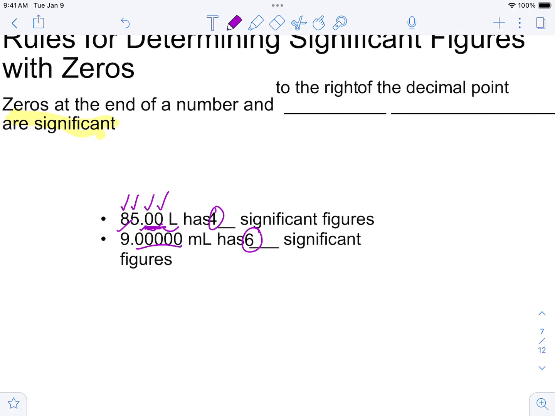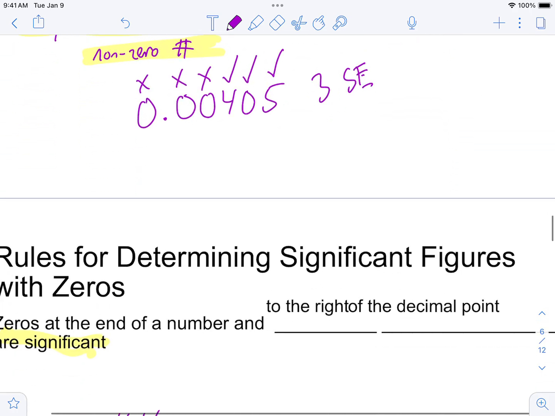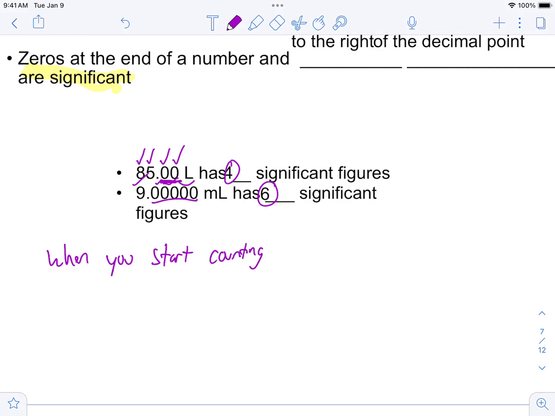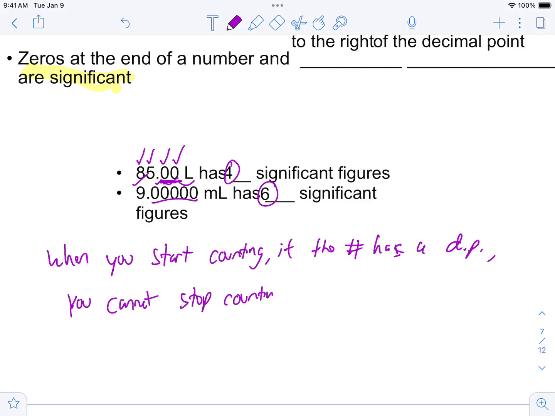The way I like to think of this rule, and I changed the wording a little bit, is this: when you start your counting, when you hit your non-zero number, if the number has a decimal point, you cannot stop counting.